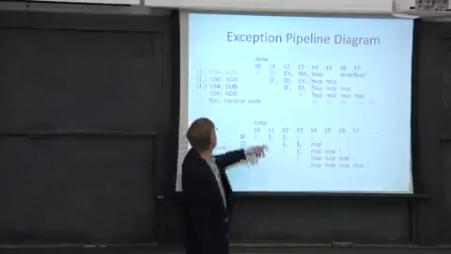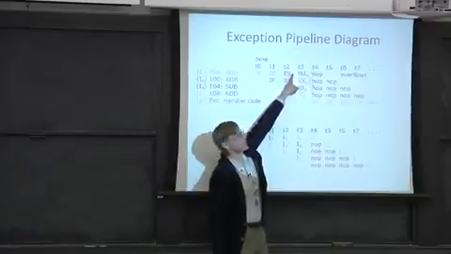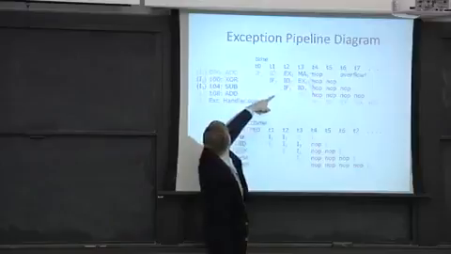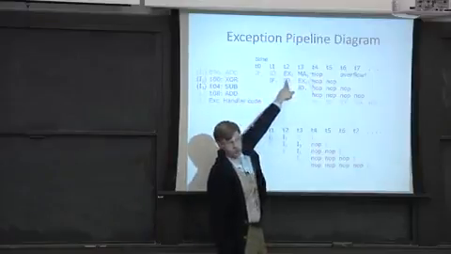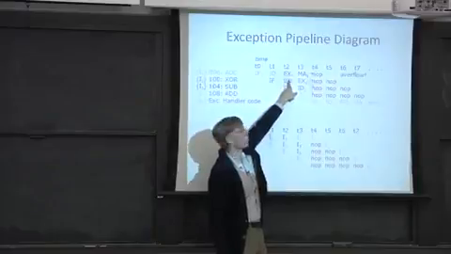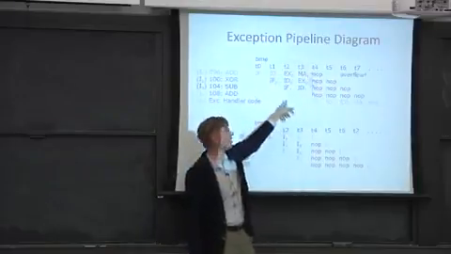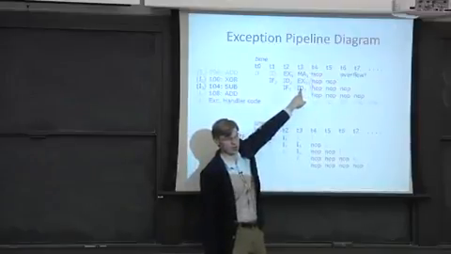So let's say we're bypassing out of EX1 here into the, well, let's say we go to this one instead. Let's say we're bypassing out of the memory stage back to the register fetch stage of instruction 3.